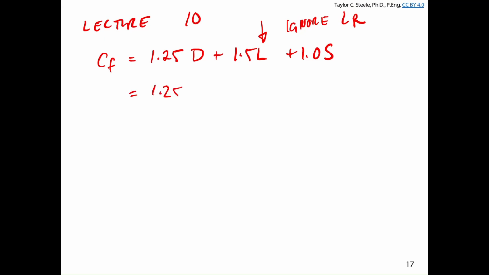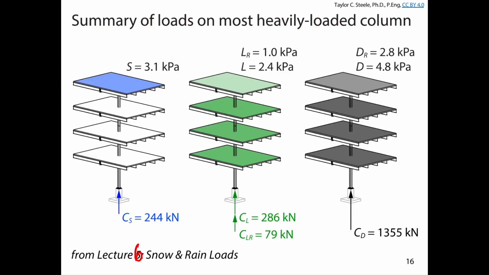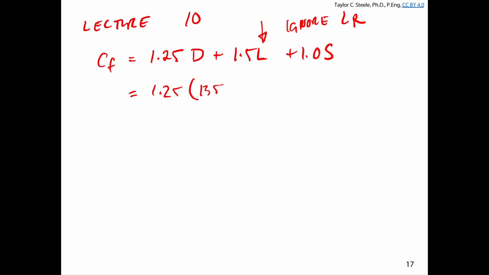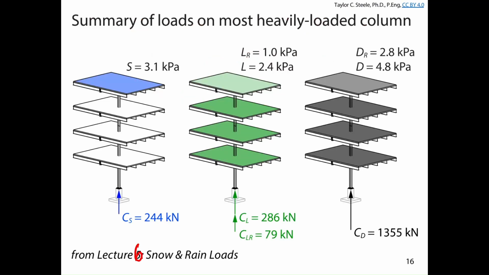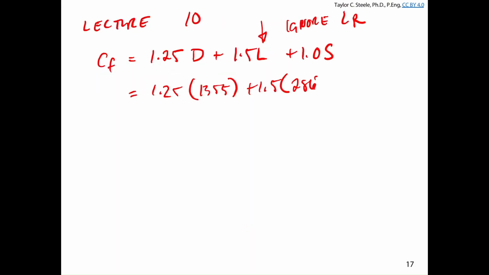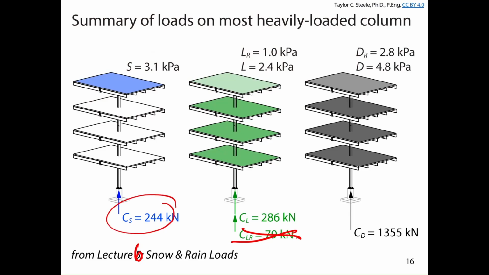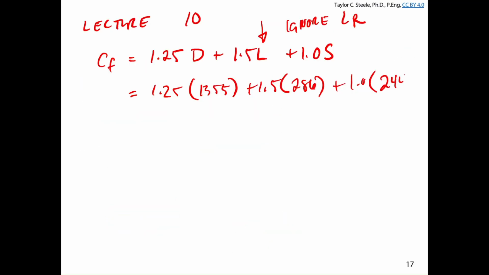That was 1.25 times the dead load, which was 1355, plus 1.5 times the live load, excluding the roof live, which is 286, plus the snow, which was 244. And if we did that, we get 2,357 kilonewtons as the factored compression force acting on that column.